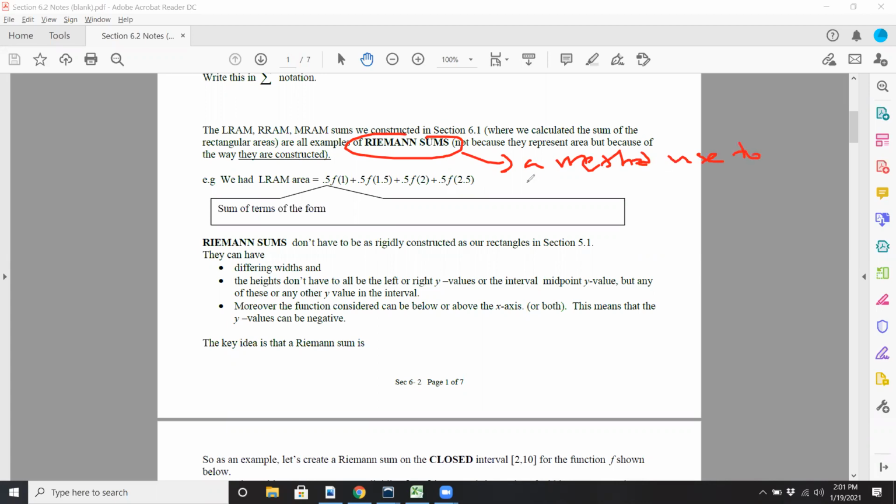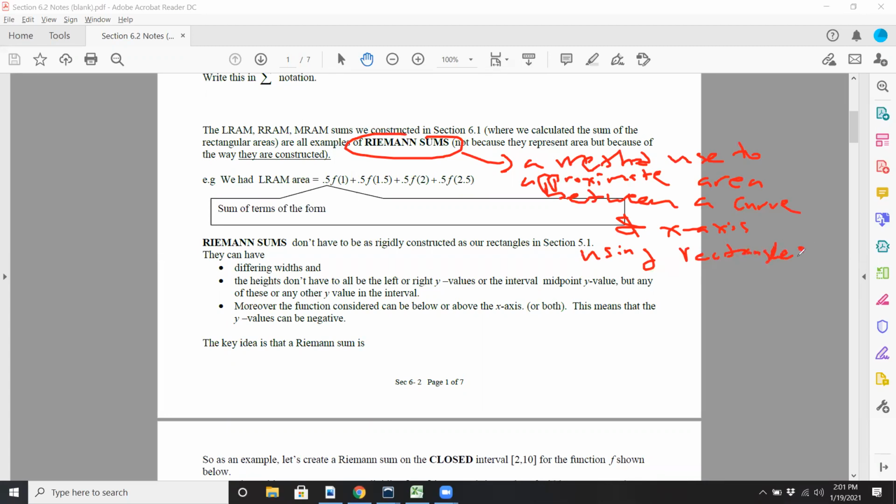used to approximate area between a curve and the x-axis using rectangles. So it's kind of what we've done already.